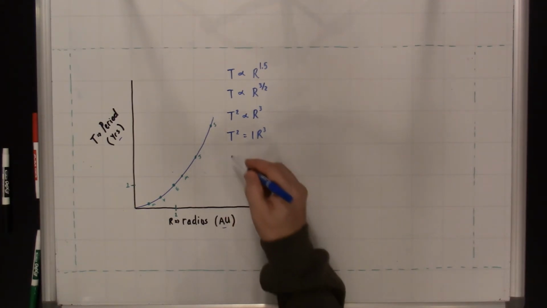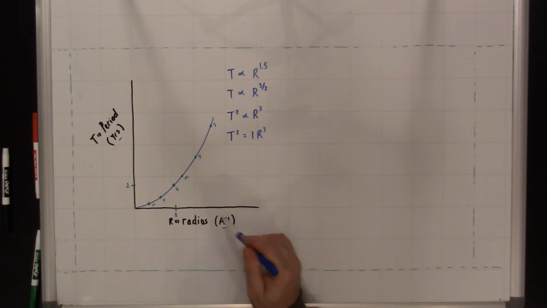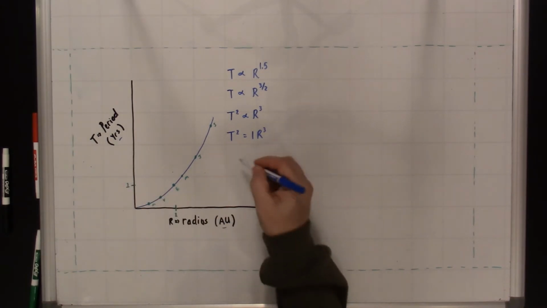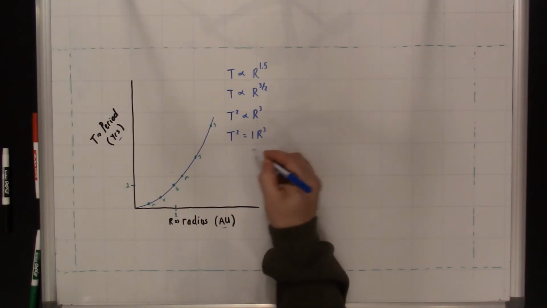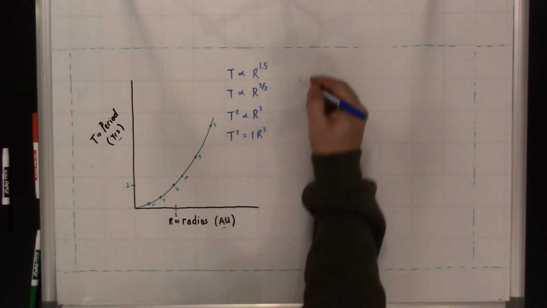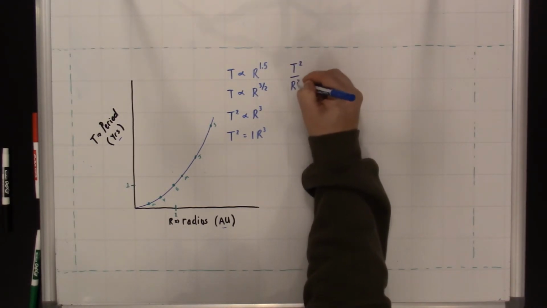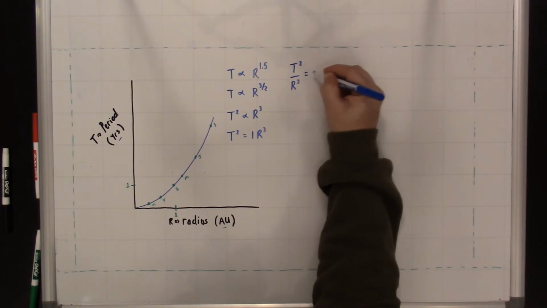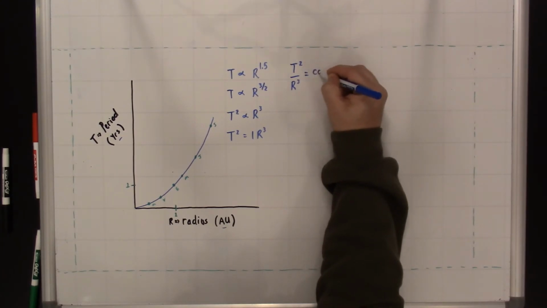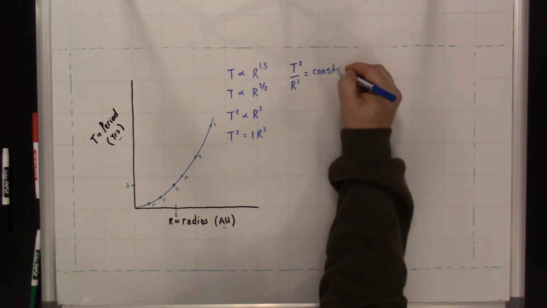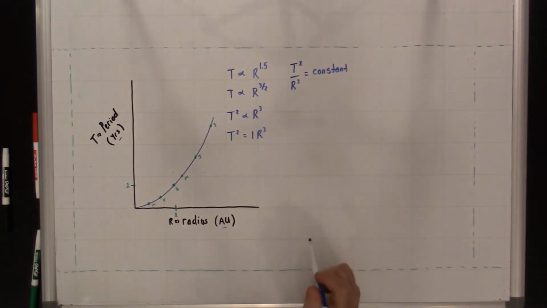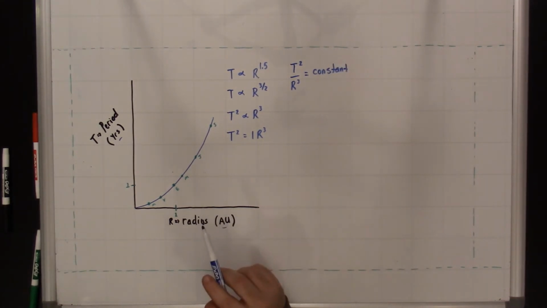But the thing that's important is what Kepler came up with, because he didn't use AUs in years, who knows what he used. What he ended up with was this idea that the T squared over R cubed ratio is equal to a constant for all planets that are going around the sun.